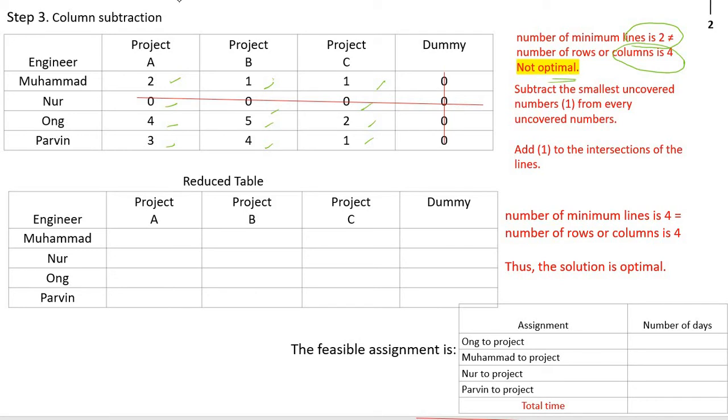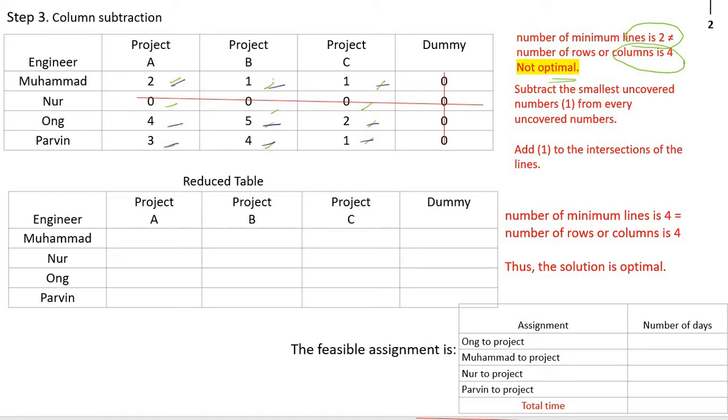Then we need to do the next step, which is we subtract the smallest uncovered number, in this case 1, from every uncovered number. Okay, I will show you how. The uncovered numbers are 2, 1, 1, 4, 5, 2, 1, 4, 3.